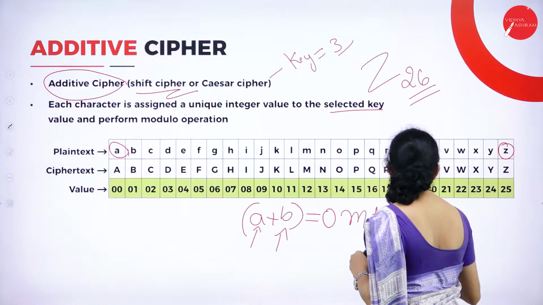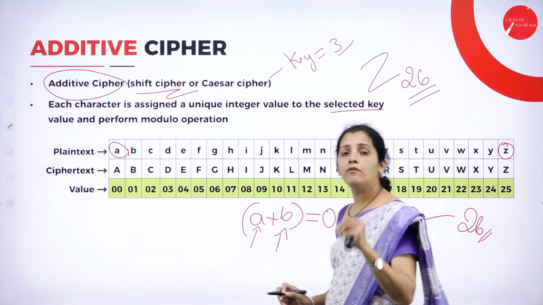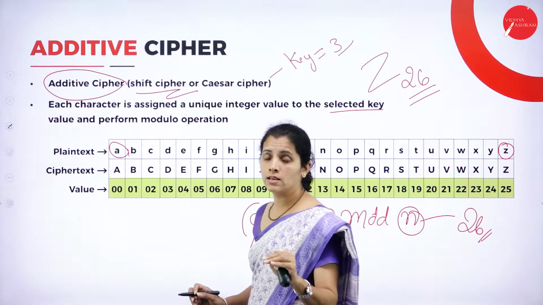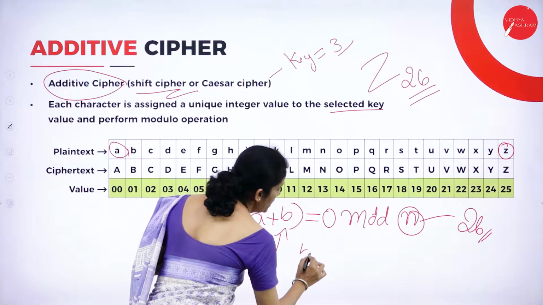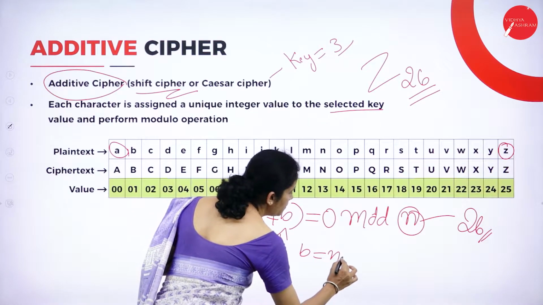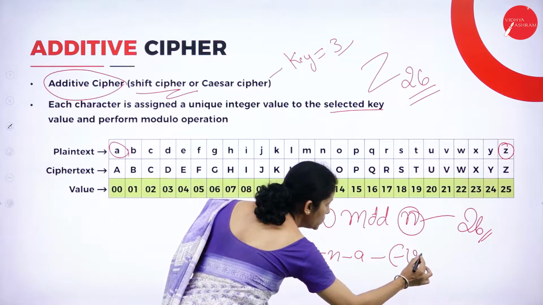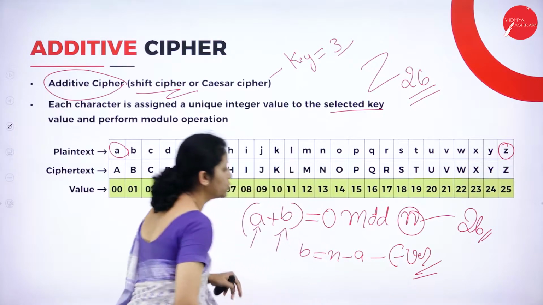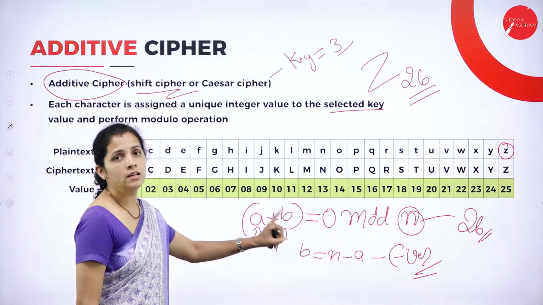So here n is nothing but 26. And if I want to perform the inverse of additive cipher, then B equals n minus A. When I'm having a negative value, at that time I'm going to perform the inverse of the given number.